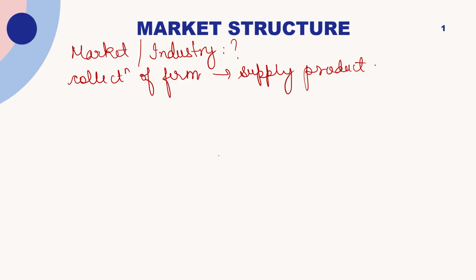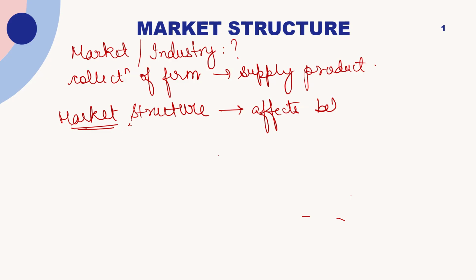So now next, let's understand what is market structure. Market structure are those characteristics of the market that significantly affect the behavior of buyers and sellers.